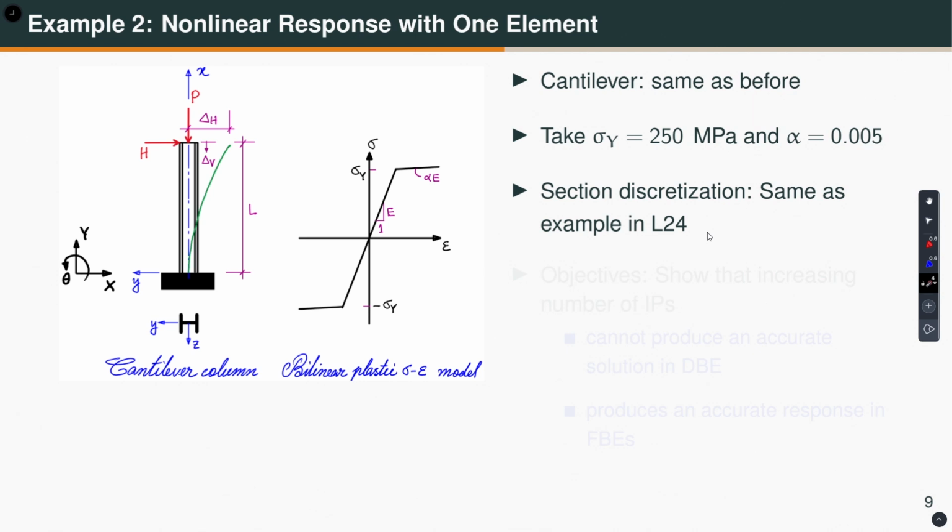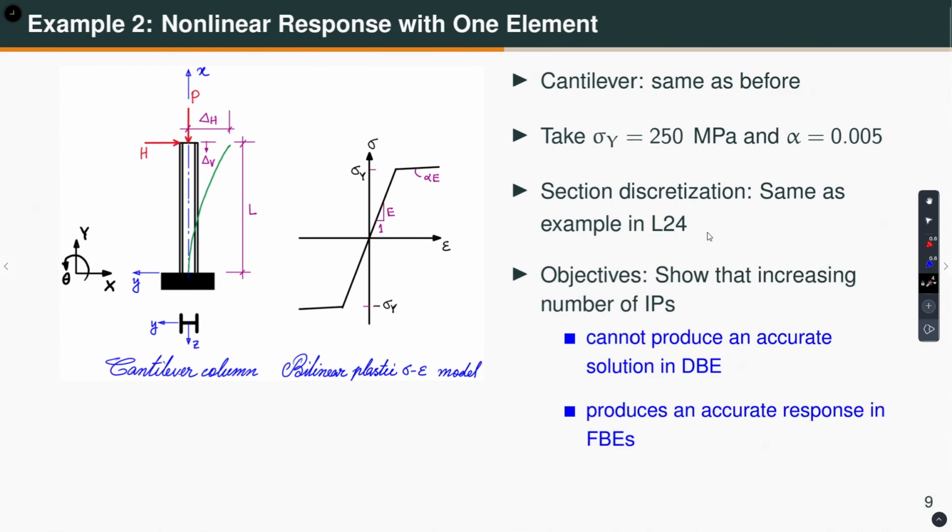Now, what is the objective? The objective is to show that increasing the number of integration points cannot produce an accurate solution in displacement based element. On the other hand, increasing the number of IPs produces an accurate response in force based elements. That is the objective I want to show, what I already claimed in the previous slide.